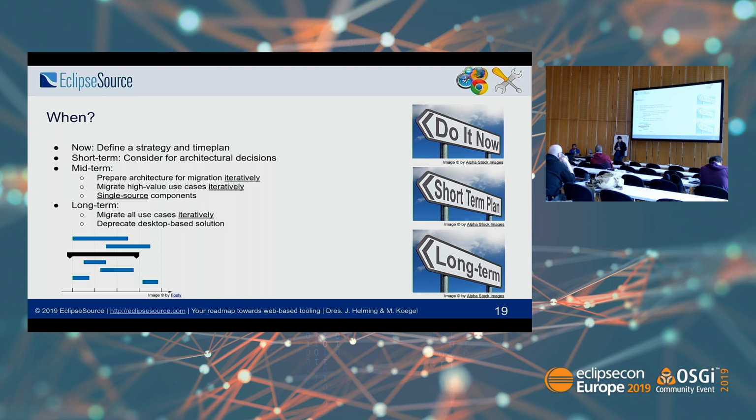Because if you decide that you actually migrate, then on the next day, when you make an architectural decision, you should already consider that decision. You should already know, okay, we will migrate. It does not make any sense to write this component in a non-web-based way anymore. So we would rather like to do it in a web-based way and maybe apply backporting to be able to reuse it.